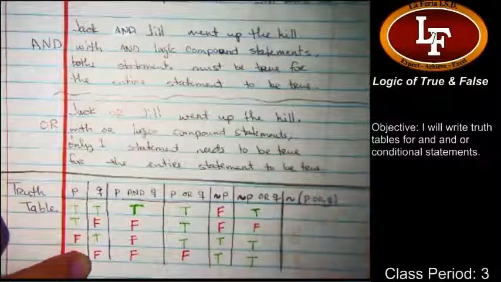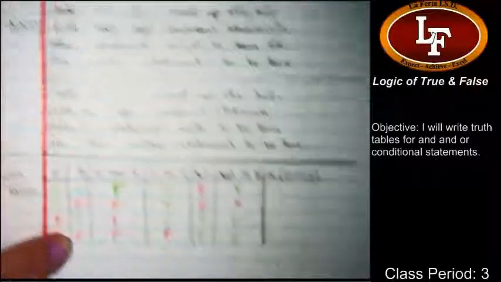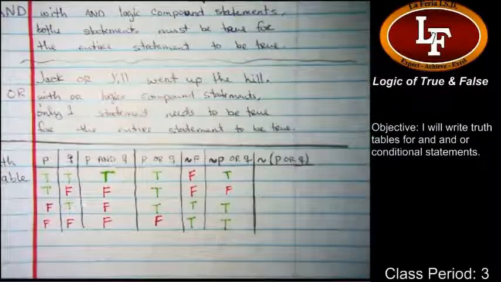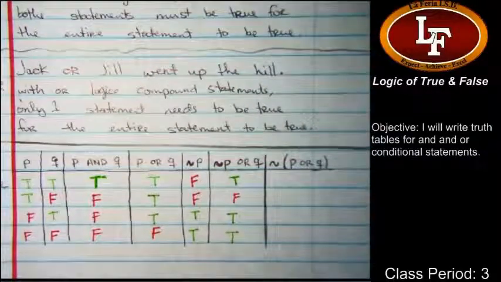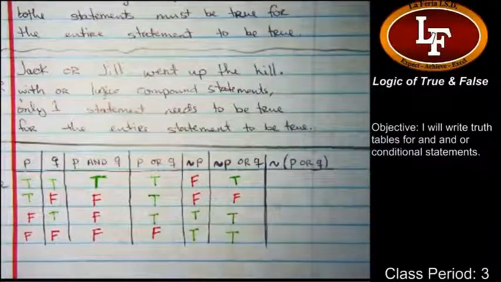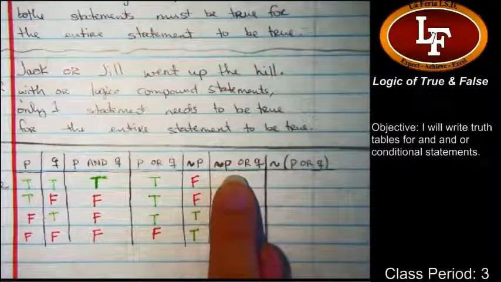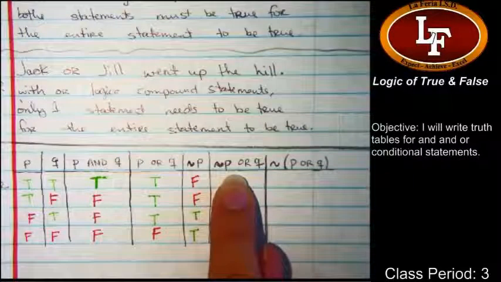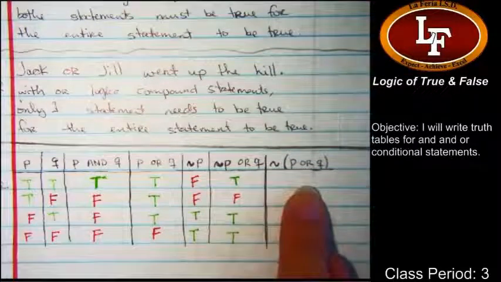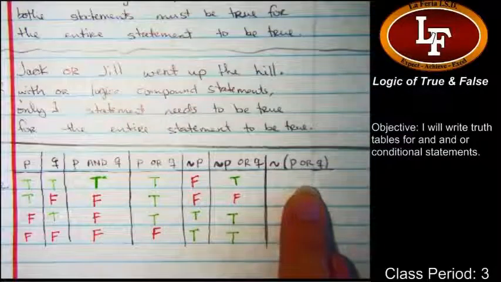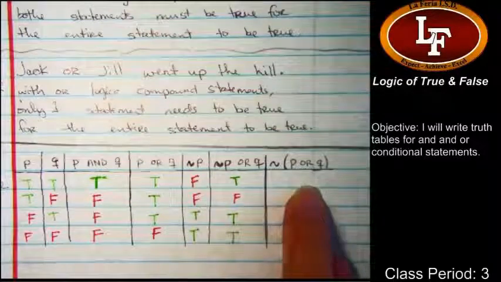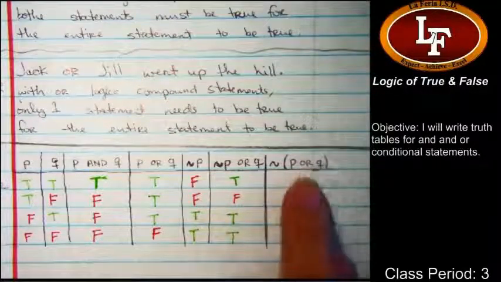I changed it, I put parentheses. Did you hear the difference in how it was said? This first one was not P, or Q. This one is not (P or Q), talking about both.